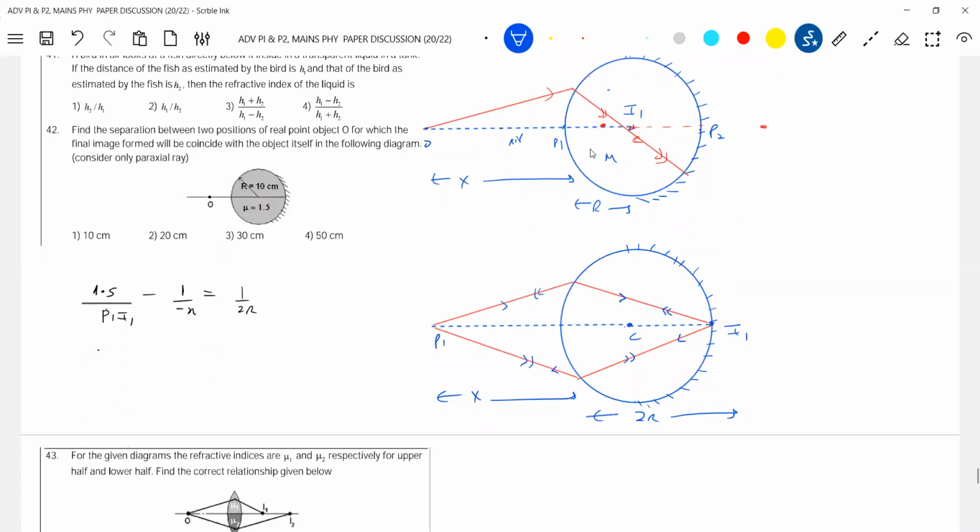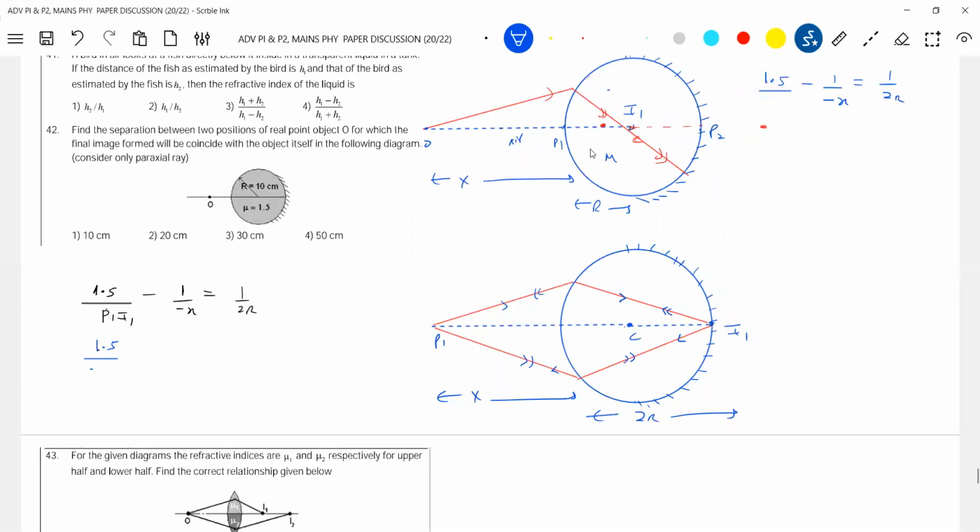It's asking two positions of the real point object for which the final image is formed at the object, and the value of X will be different for these. So this will be 1.5 by P1I1 minus 1 by X equal to 1 by 2R.